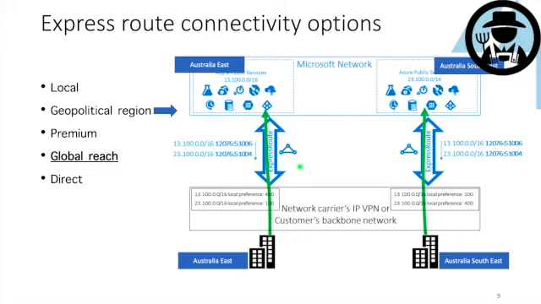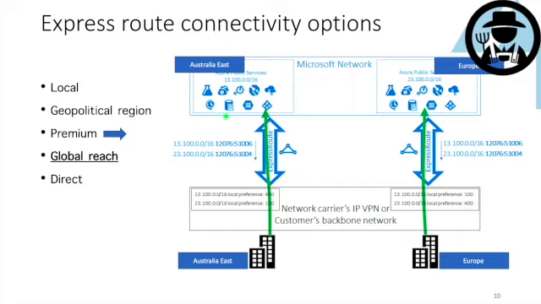The Australia Central region is the government region, whereas the East and the Southeast are available to almost everyone. Now that is the geopolitical region. So these 3 regions fall in that geopolitical region, and you can sign up for that type of ExpressRoute where you are allowed to make connections in that political region.